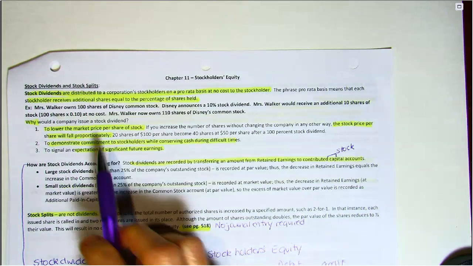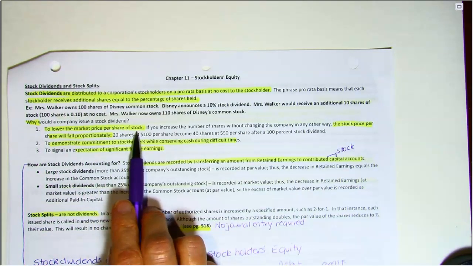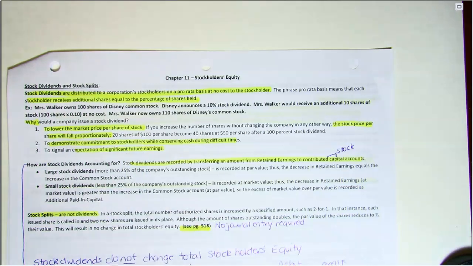First of all, a large stock dividend lowers the market price of a share of stock. Now, you may be wondering why a company would want to lower their market price per share. Don't companies like when their share price rises? That's true, but at a certain point, stock can get too expensive per share, and then folks won't be able to afford it.